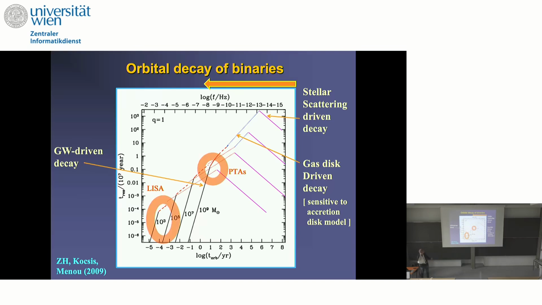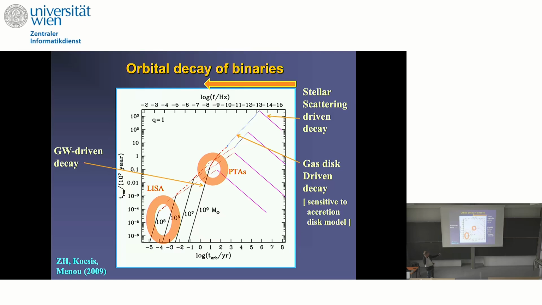Just for reference, this is the LISA band, millihertz. This is pulsar timing, nanohertz. There are a couple of interesting points, which return to my third bullet in the introduction. You see that the gas is still important, because you're at this breakpoint. So gravitational waves and gas are equally important for very low mass LISA binaries.